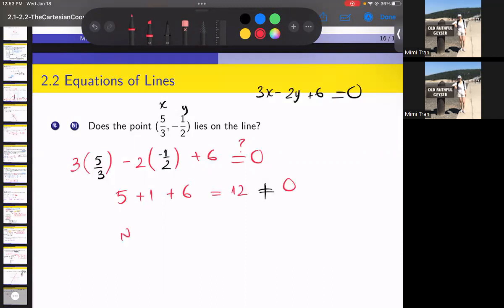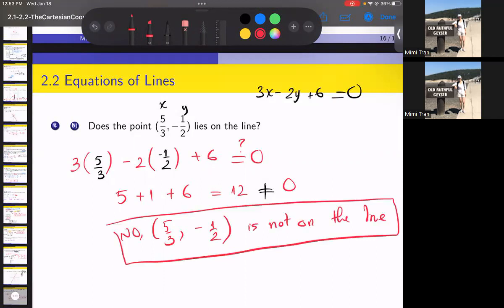So no. 5/3 and -1/2 is not on the line. Any questions?